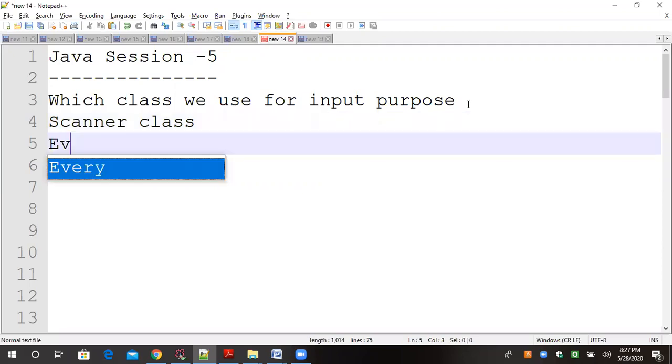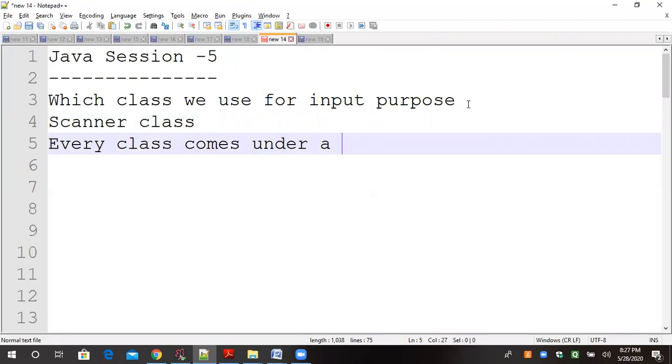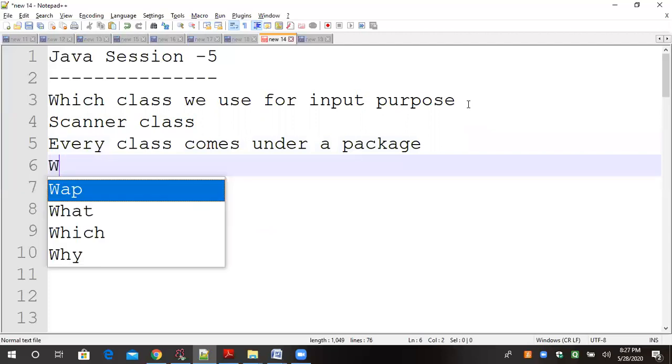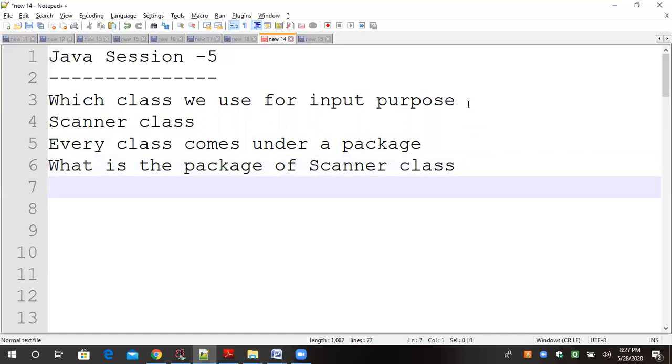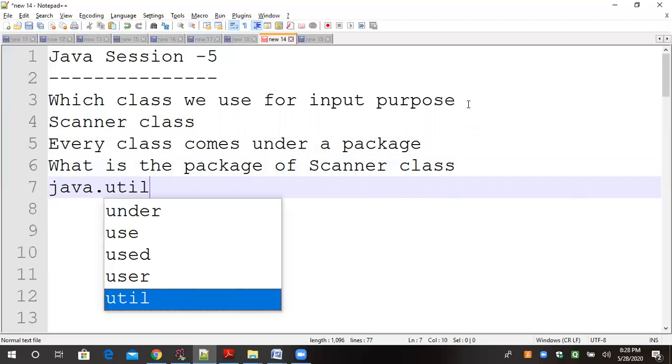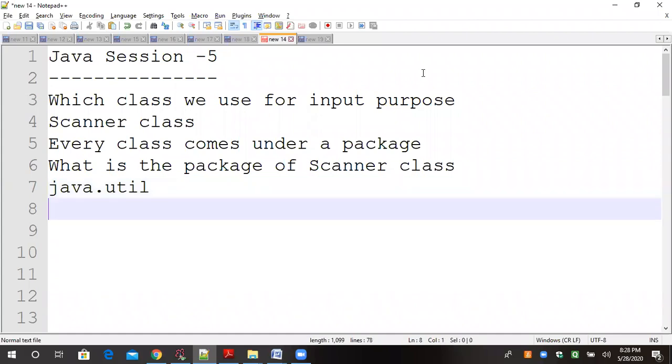Second point, every class comes under a package. So what is the package of the Scanner class? Any idea? java.util. Very good. So the java.util package is used for the Scanner class. Every class comes under a package.